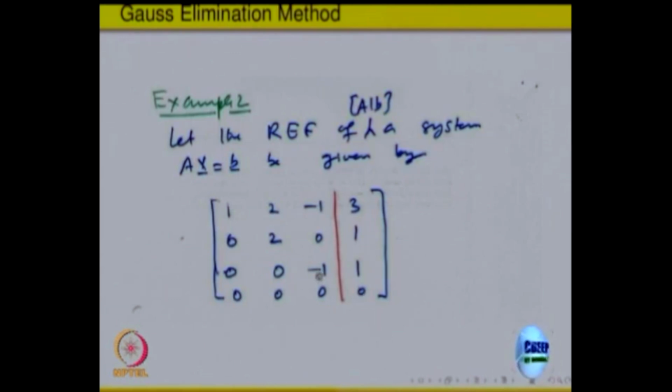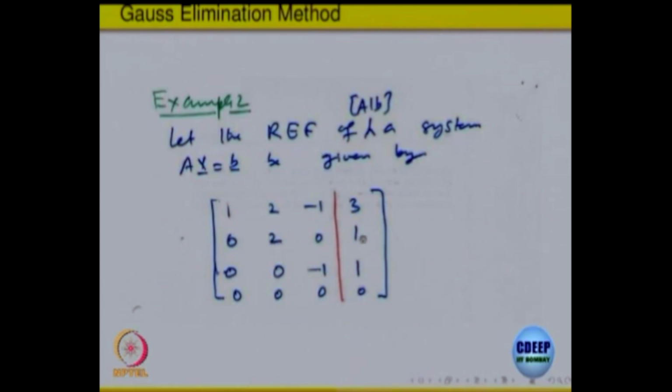What does this equation give you? This variable is x3, among x1, x2, x3, so it gives you minus x3 is equal to 1. Minus 1 times x3 is equal to 1. So, x3 equal to minus 1. Look at this equation, it says 0 times x1, so gone, 2x2 is equal to 1.